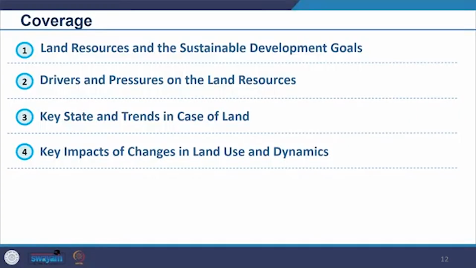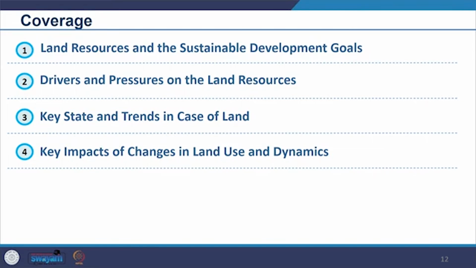So these are the concerns which we see when we talk about land as a resource. Therefore, the coverage will include the linkages between land resource and the Sustainable Development Goals. We'll be looking at drivers and pressures on land resources. You might be seeing how we are looking at drivers and pressures for every individual resource we are discussing. Then we'll look at key state and trends in case of land, like what is really the scenario across the globe, and we'll also parallelly look at the Indian context.